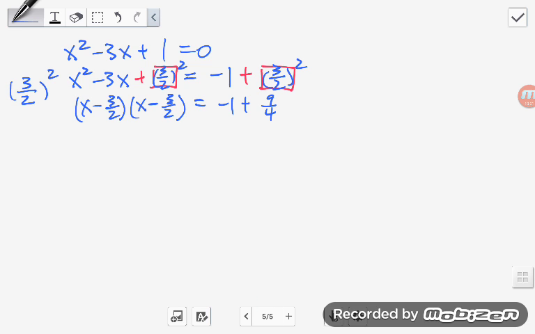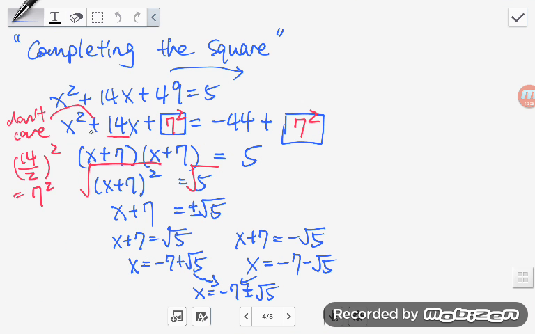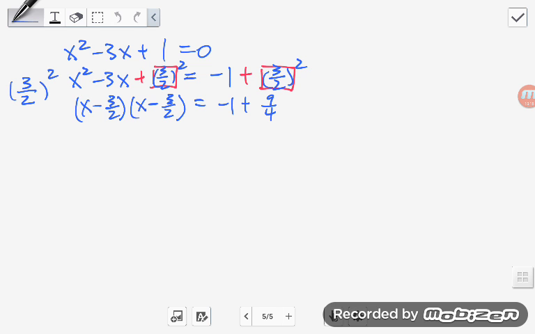If you look at the previous example, this is a positive, so this sign here is positive, this is also positive. In this example, this is negative, so that is also negative. So now I can write x minus 3 over 2 squared is equal to 5 over 4.